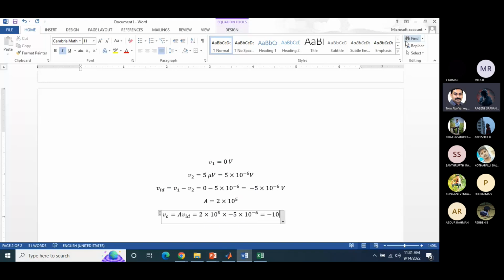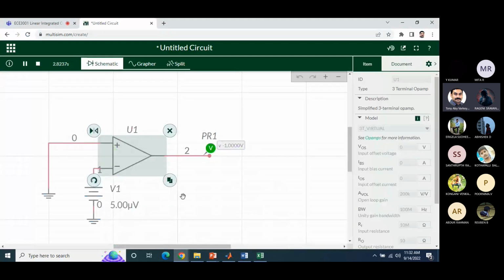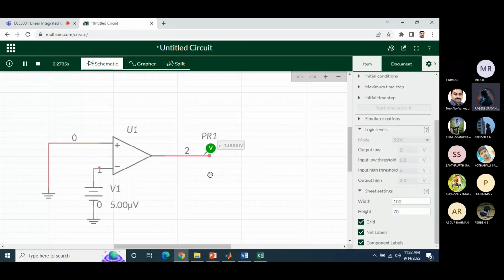Minus 10 times 10 raised to minus 1, correct? How much is that? Minus 1 volt. Correct. So let us check whether you are getting minus 1 volt. Ah, correct. You understood? You are getting minus 1 volt here. You got an idea? Yes, sir.